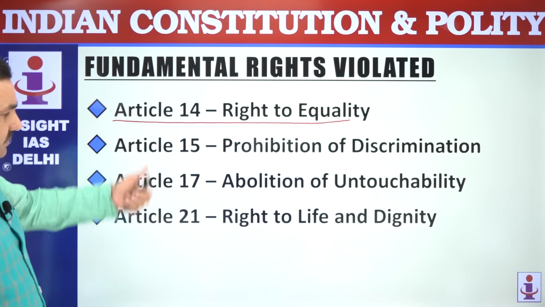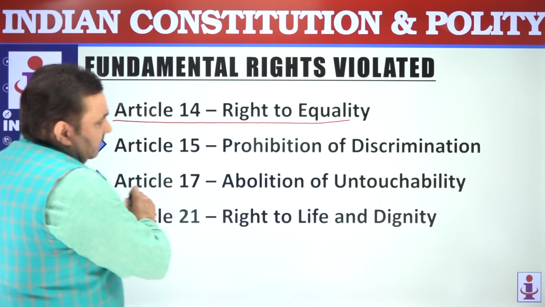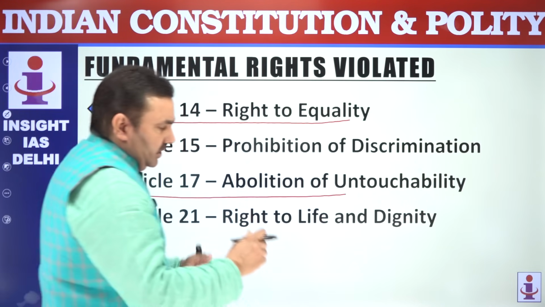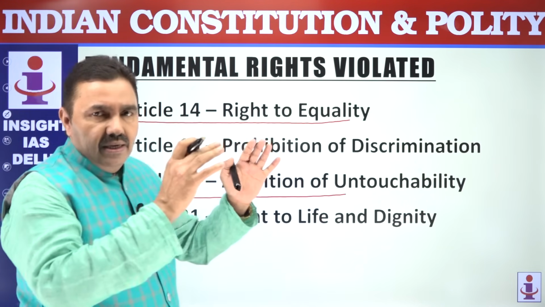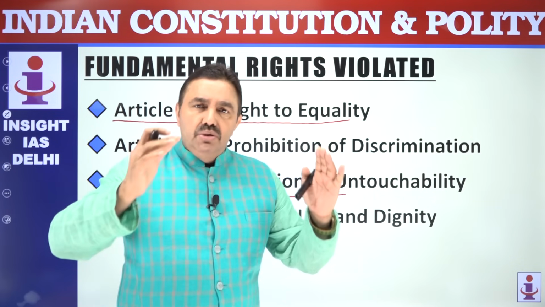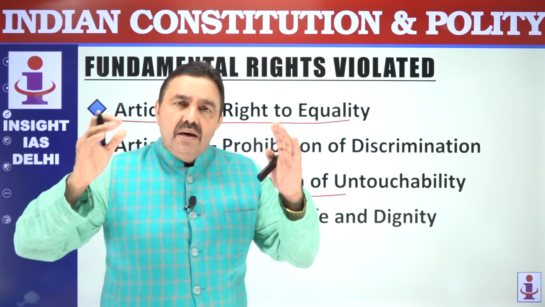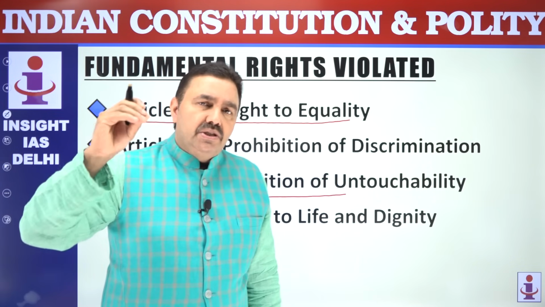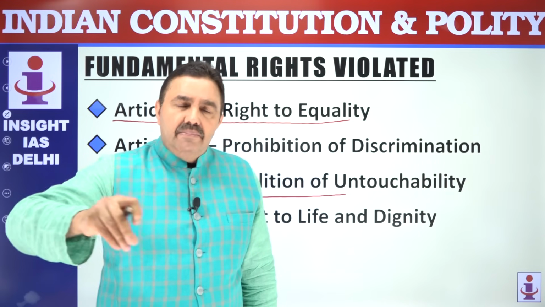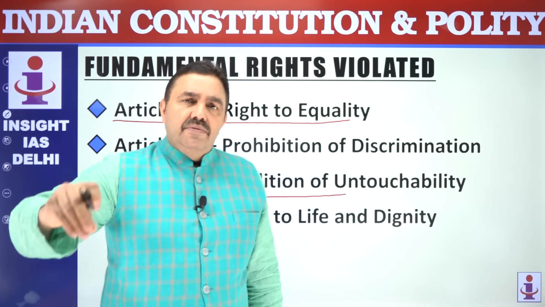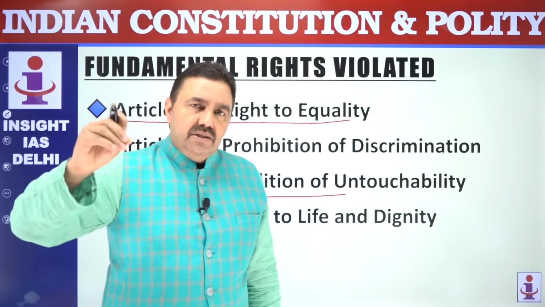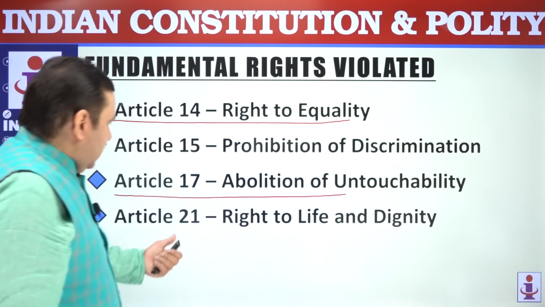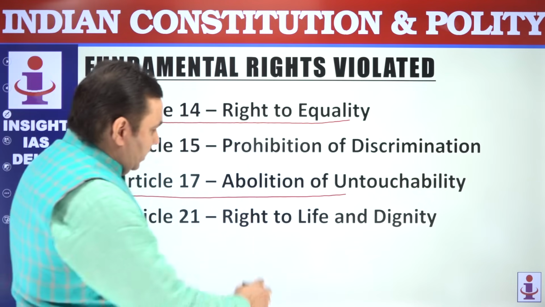So these are fundamental rights: Article 14, Article 15. Article 17, abolition of untouchability or protection against untouchability, is further violated because these people face a kind of social discrimination, social stigma, not only in the department, not only in the kind of office they work, but also in wider society. Right to life and dignity.